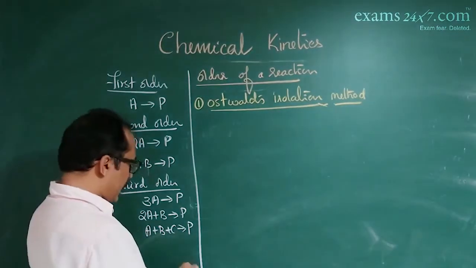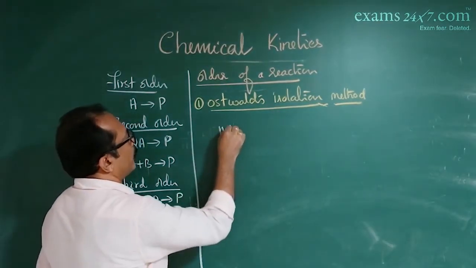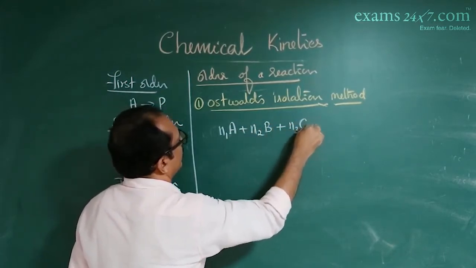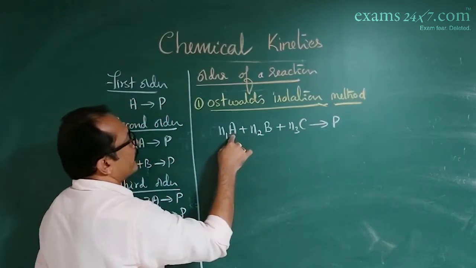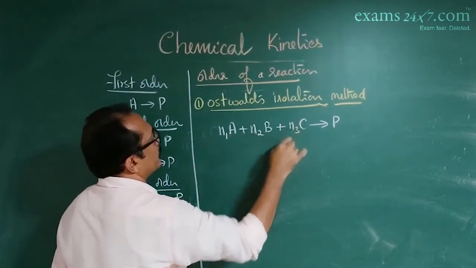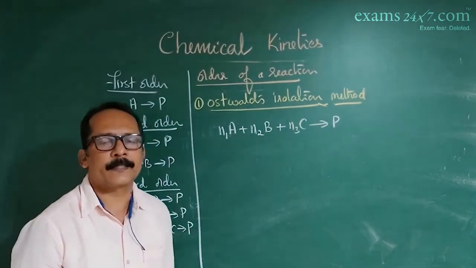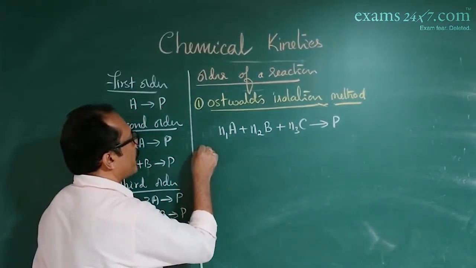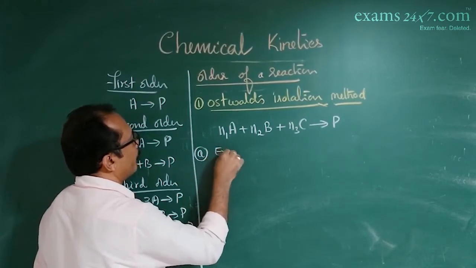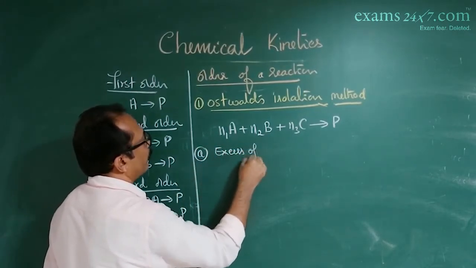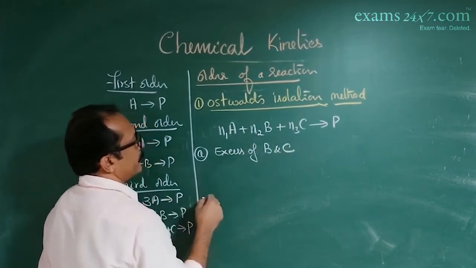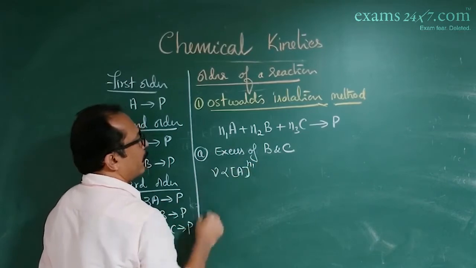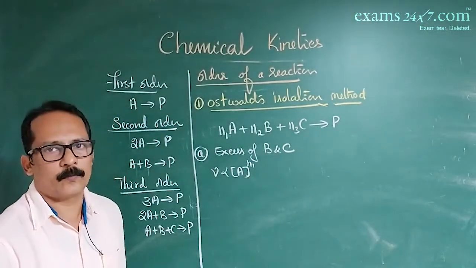Consider the reaction n1 A, n2 B, n3 C gives product, meaning the order with respect to A is n1, B is n2, and C is n3. There are three reactants A, B and C. If the reaction is carried out using excess of B and C, the rate law for the reaction is rate proportional to A to the power n1, with respect to B and C it is 0.